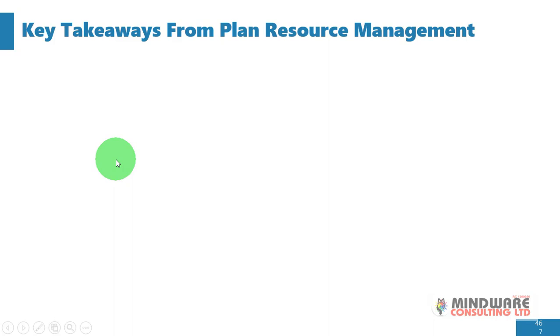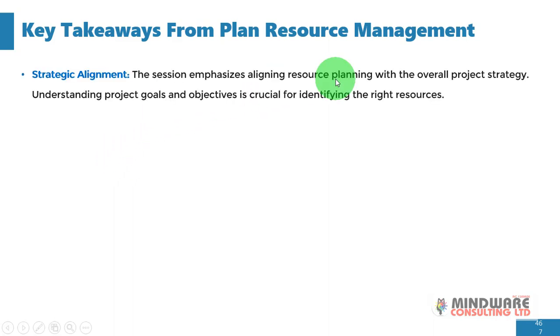Now, what are the key takeaways from plan resource management? Firstly, strategic alignment. This section emphasizes aligning resource planning with overall project strategy. Understanding project goals and objectives is crucial for identifying the right resources.